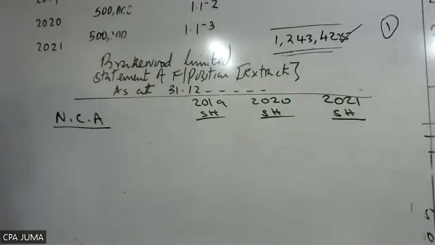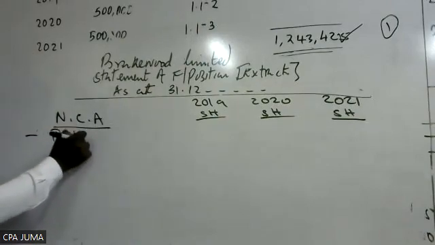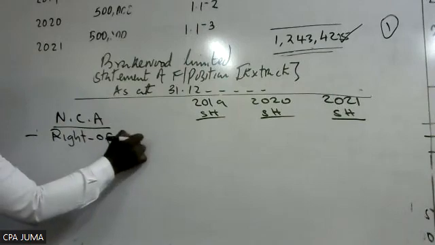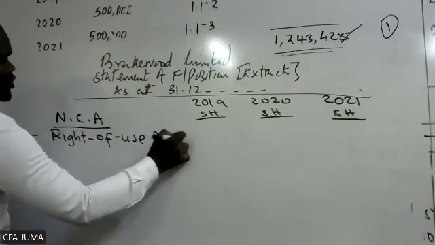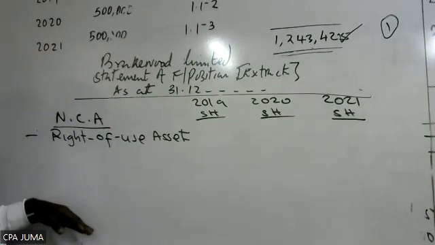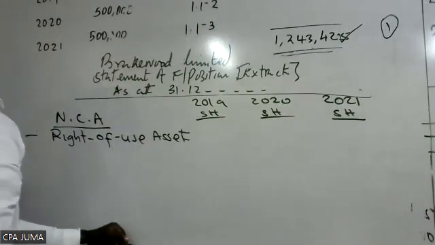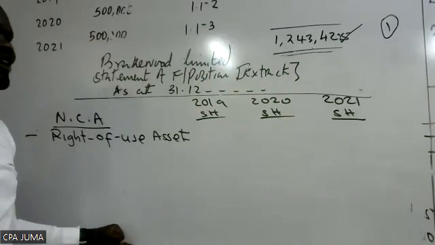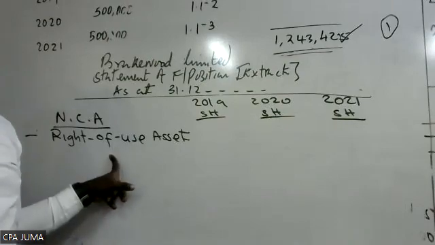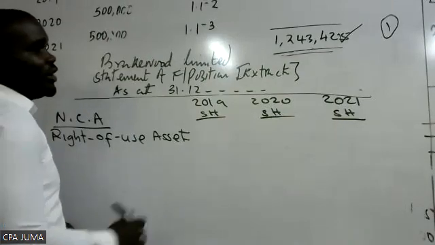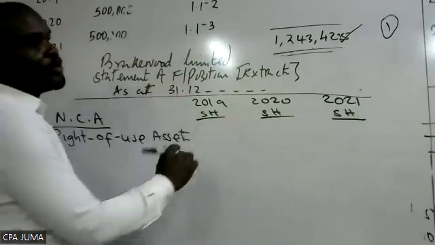They should not recognize the asset using the name of the asset. That asset doesn't belong to them. So they recognize which name? Right of use asset. That is why people say here in town, naenda kwangu. Because they have right of what? Right of use. So the right of use, just bring it at cost the way it was.